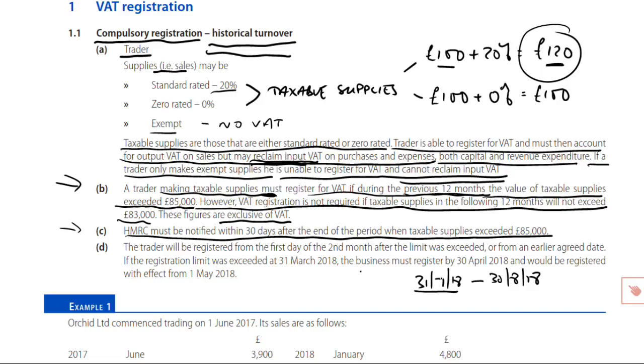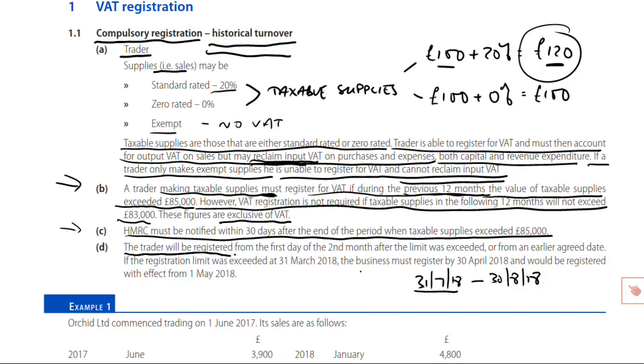But then, when will we be registered with effect from? At what point are we going to have to start to account for VAT, charging VAT on the sales that we make? Because at that point, our sales prices are going to go up by 20%. So at what point do we have to start charging VAT? From what point are we able to recover the input VAT?